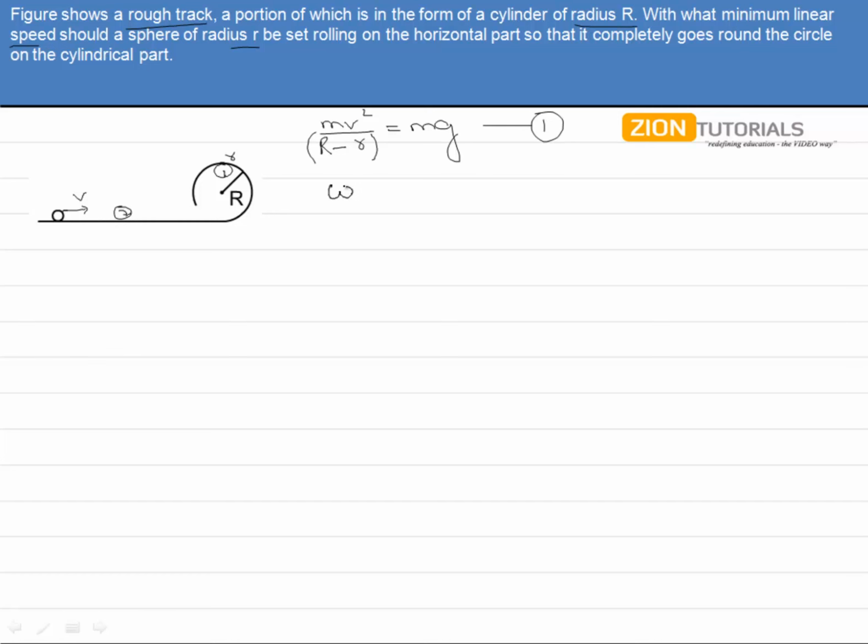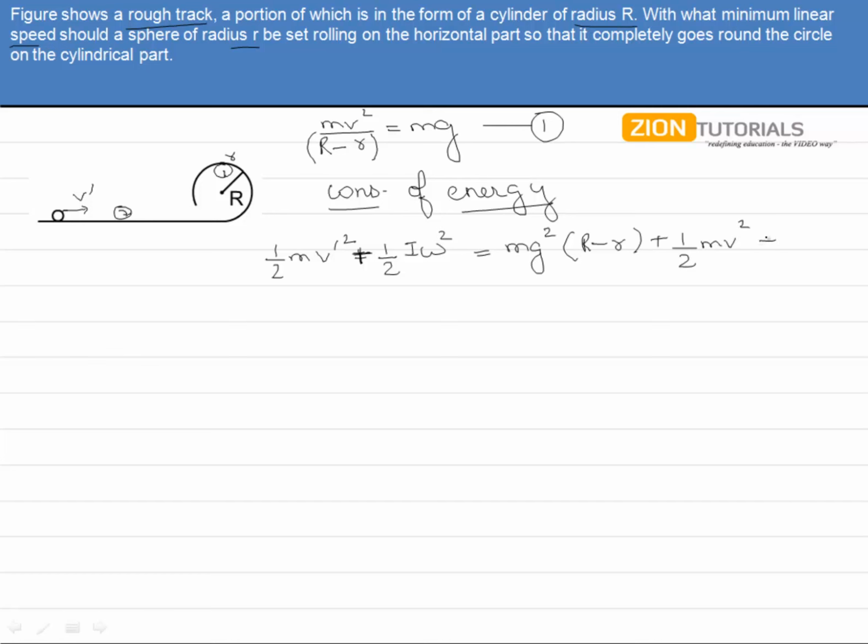So we can also employ the conservation of energy between the initial and the topmost position, for which we can write the initial energy as half m v dash square, if we take this to be the v dash velocity, plus some rotational energy, half I omega square, equals mg into (R minus r) plus half mv square plus half I omega square.